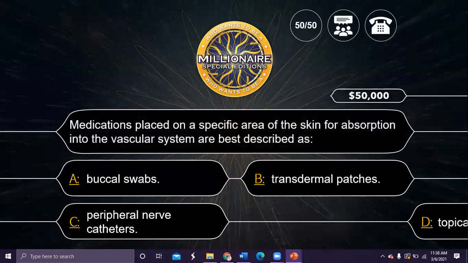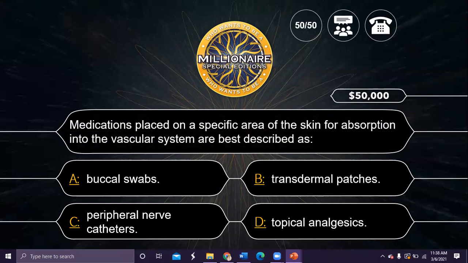Your $50,000 question. You've got a lot on the line, guys. Medications placed on a specific area of the skin for absorption into the vascular system are best described as what? Buccal swabs, transdermal patches, peripheral nerve catheters, or topical analgesics.